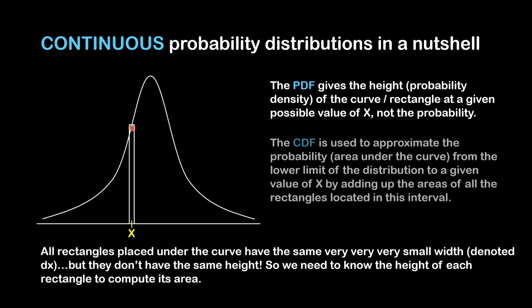And the CDF is used to approximate the probability, so the area under the curve, from the lower limits of the distribution all the way to a given value of x by adding up the areas of all the rectangles that fall within this particular interval.